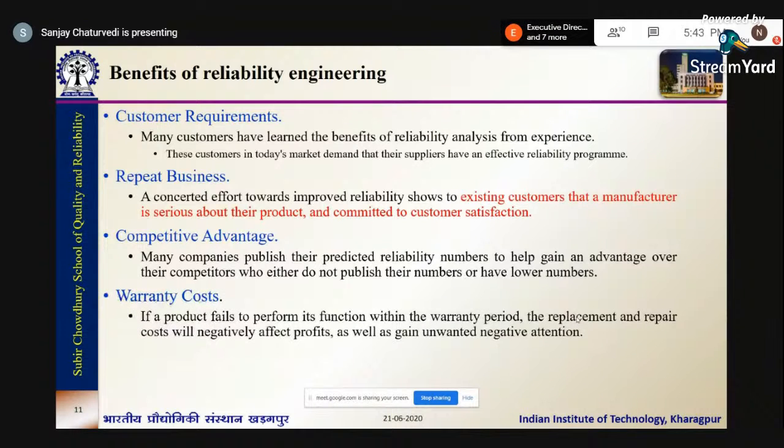Another is warranty cost, because many times, because of time constraints or certain homework which has not been completed by the manufacturer, they try to give a warranty for their products. If they are providing a longer warranty, the cost of the product is going to be high, because nothing comes free.